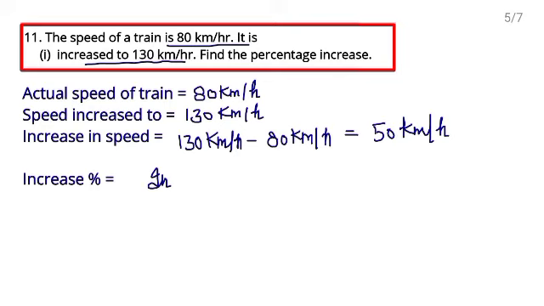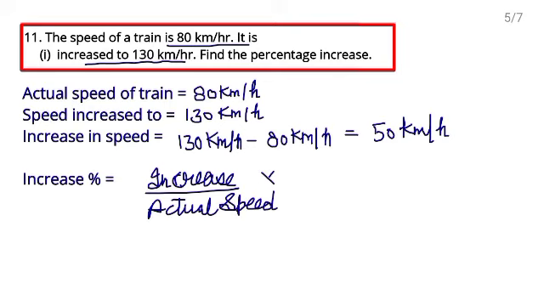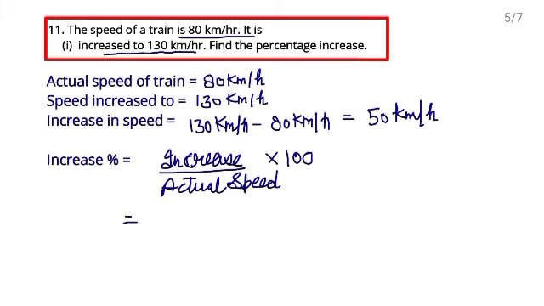They are asking the increase percent, so this is equal to increase upon actual speed, multiply by 100. Put the values here. Increase is 50 kilometer per hour. Actual speed is 80 kilometer per hour. Multiply by 100. Now solve it.